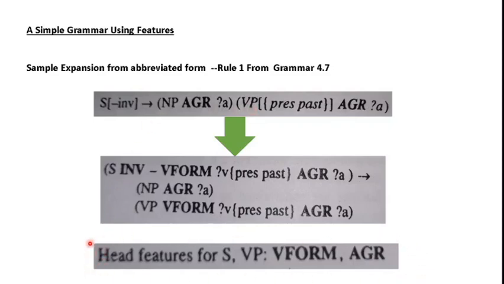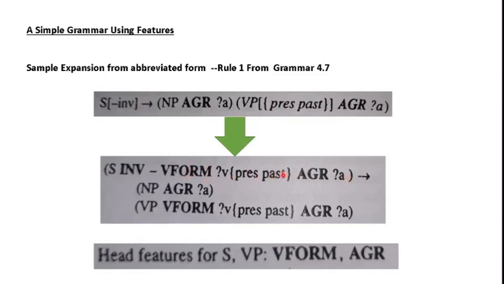For S, the head features are VForm and AGR. So VForm and AGR will be present on the mother part, and VForm and AGR should be present in the VP part also. In VP, VForm was the only thing missing, AGR is already there, so VForm is added. So in S, we saw how VForm and AGR came into the expanded form.